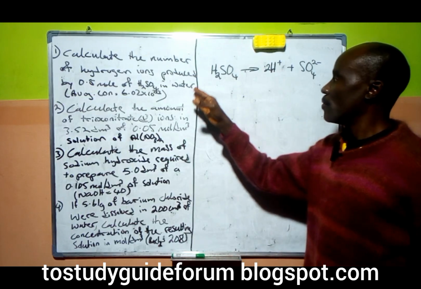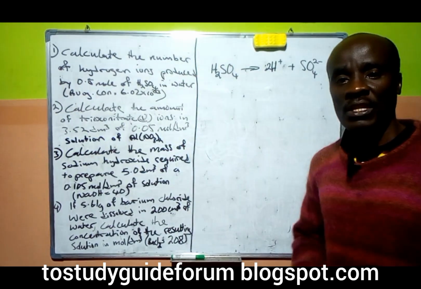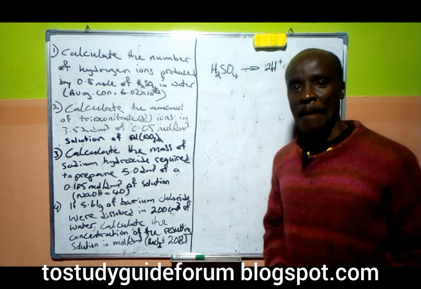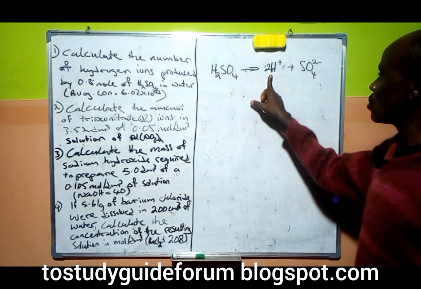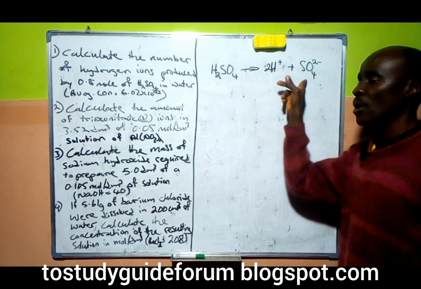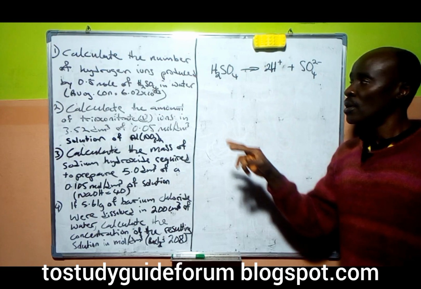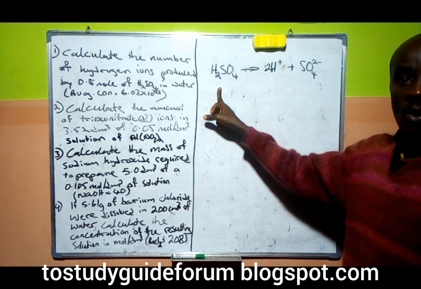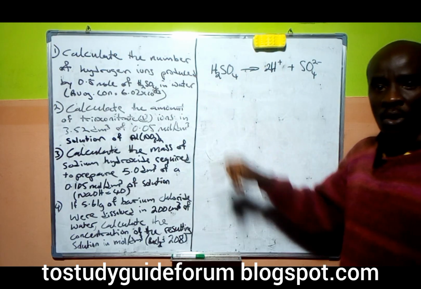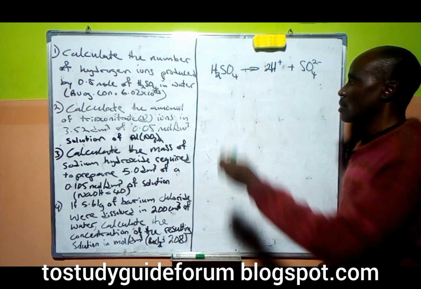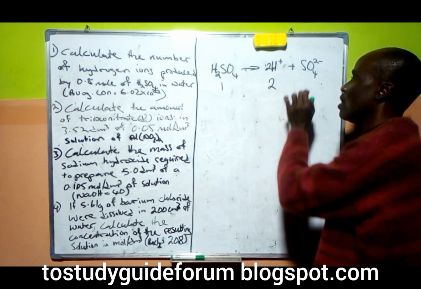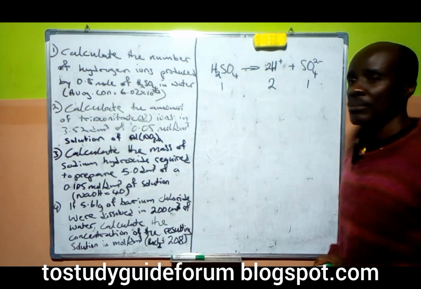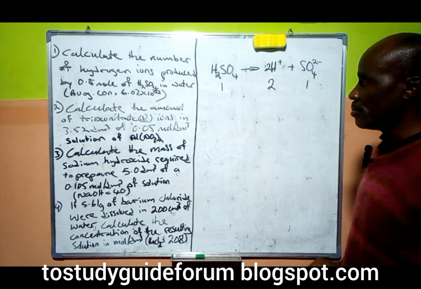From this, if the tetraoxosulphate acid ionizes in water, we are going to get 2 moles of hydrogen ion and 1 mole of tetraoxosulphate ion. That means 1 mole of tetraoxosulphate acid will give us 2 moles of hydrogen ion and 1 mole of tetraoxosulphate ion.